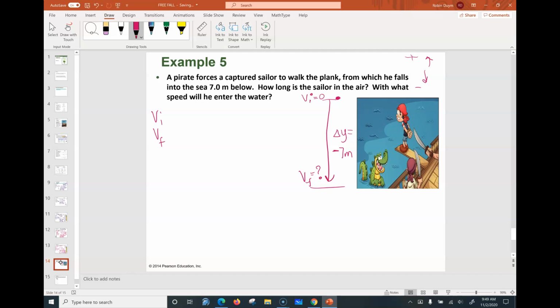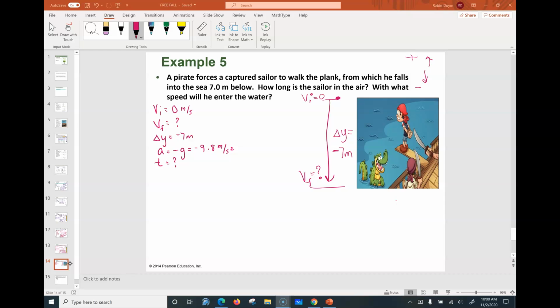We just write down our variables. That one's not going to change, so we just write it in right away. Alright, my initial velocity we just set on our diagram is 0. We're looking for this. We also know that the displacement of that pirate is down 7 meters below where he started. And then we also want to find time.